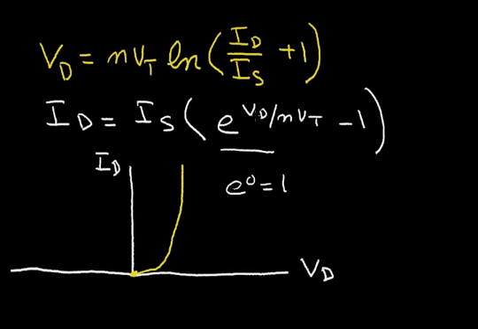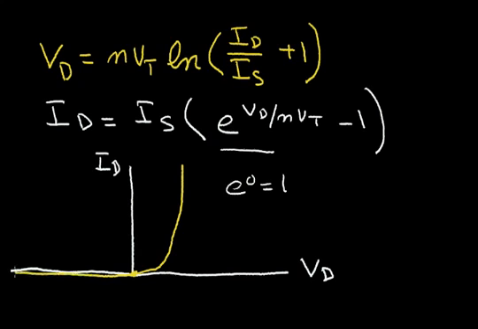Now, if we make V sub D negative, this exponent term becomes very small, and this minus 1 term dominates. That minus 1 term is multiplied by the diode saturation current, so we get a very tiny, little negative current.